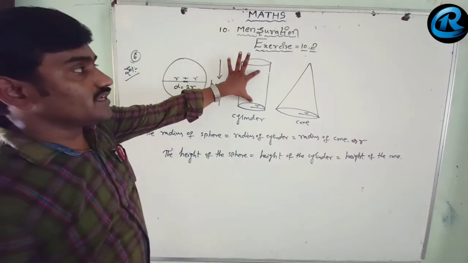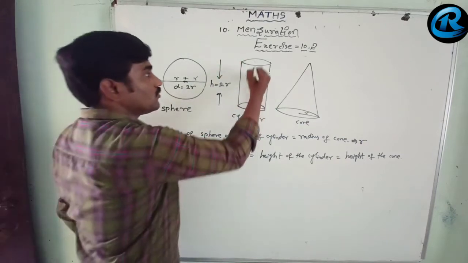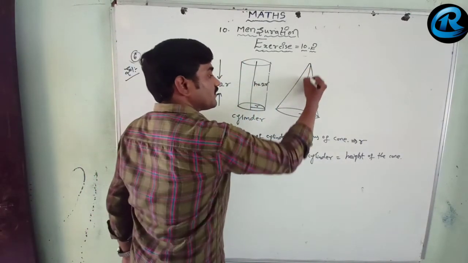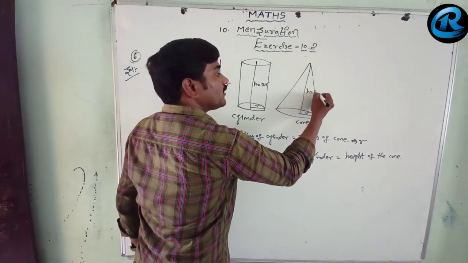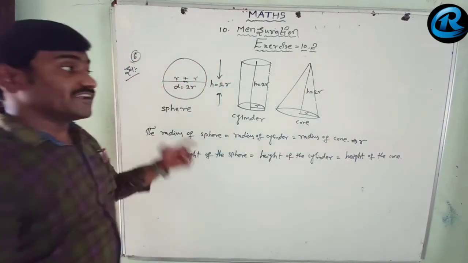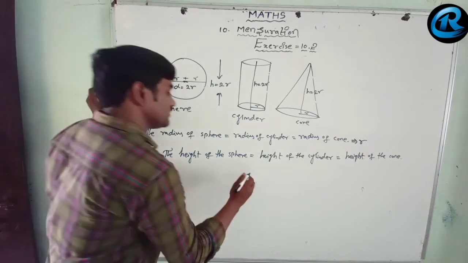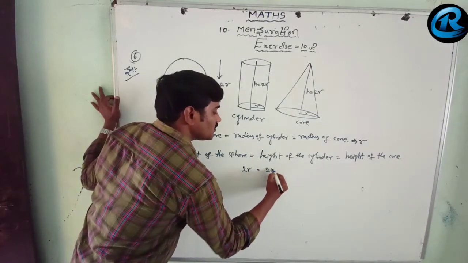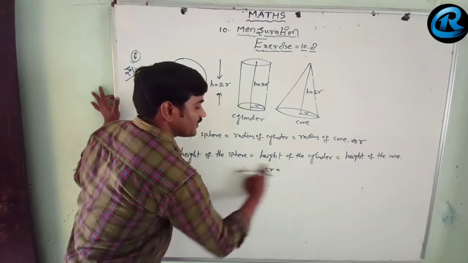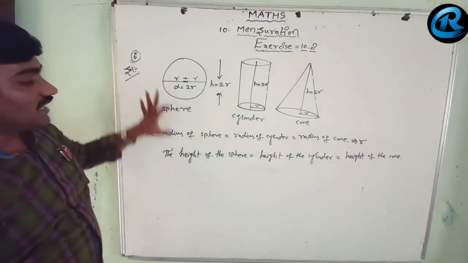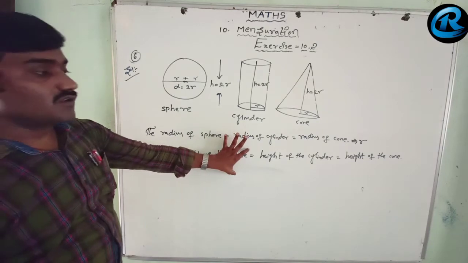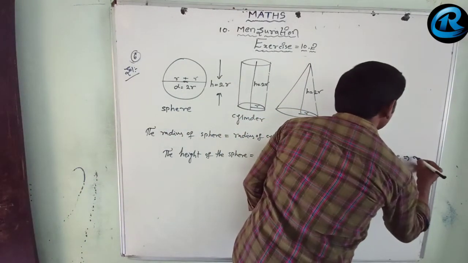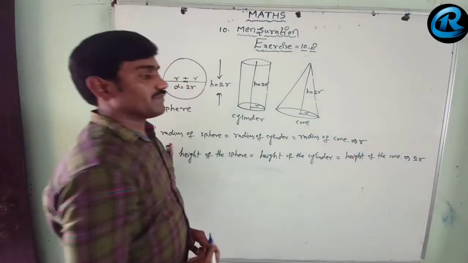Then the height of the cylinder is also 2r, and the height of the cone is also 2r. So the height of the cylinder and the height of the cone will also be equal to 2r.